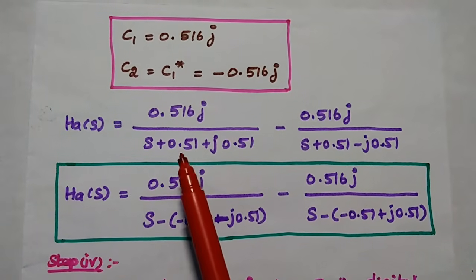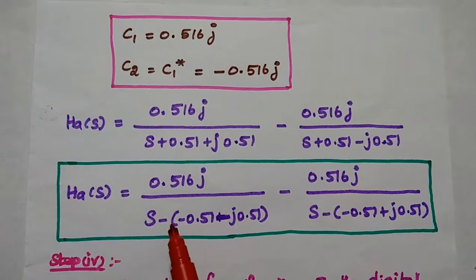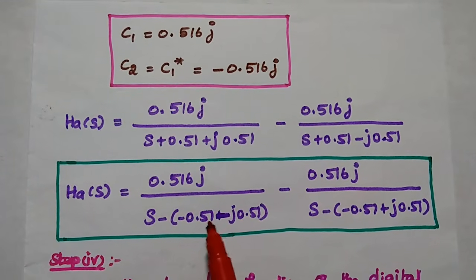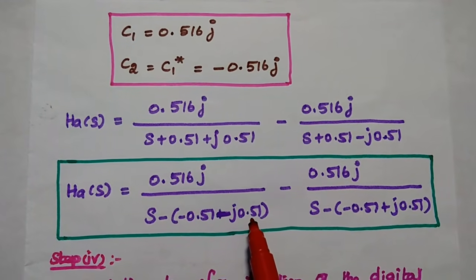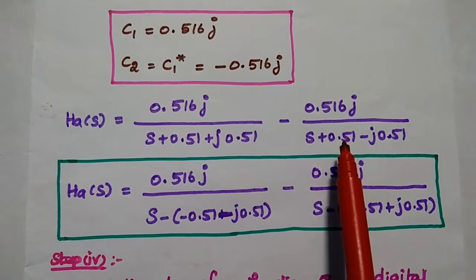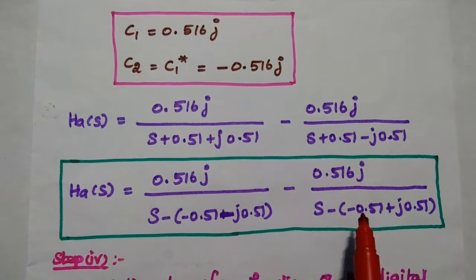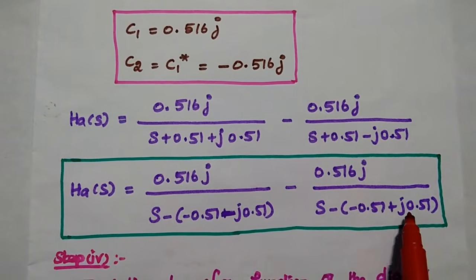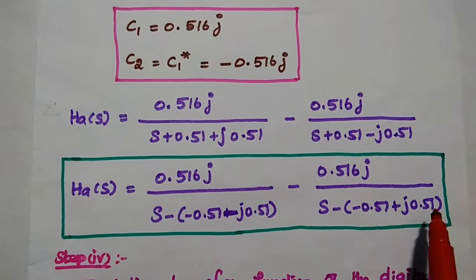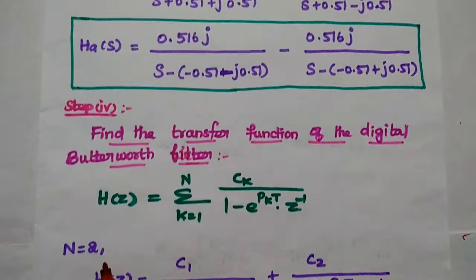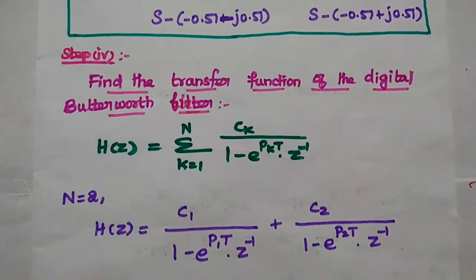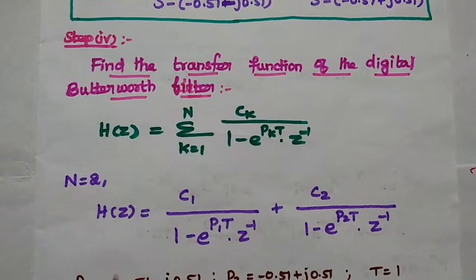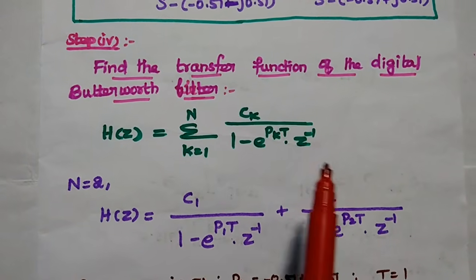So here we have to change this term as S minus of minus 0.51 minus j 0.51. Here this term becomes S minus 0.51 plus j 0.51. Correct?